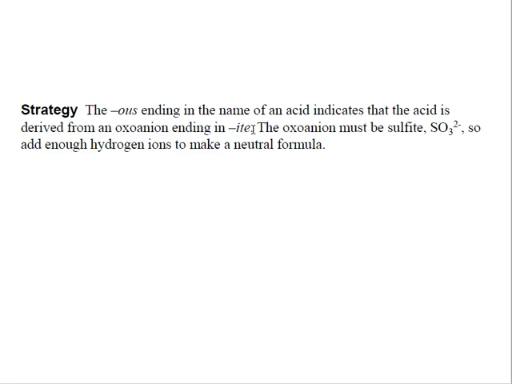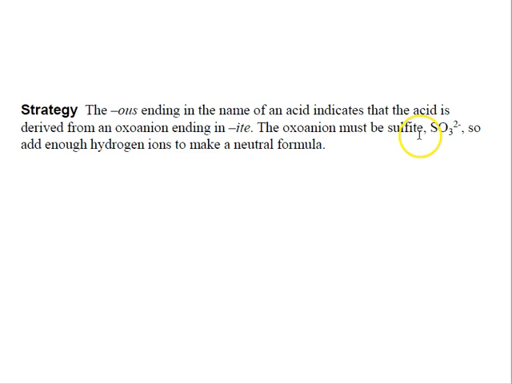So one more time, -ous would be higher, or lower, excuse me. -ous is lower, -ic is higher, and those would be our endings. And then we also have -ite and -ate. -ate is higher and -ite is lower. And if you write that out a few times, then I think you'll have it all situated in your mind.